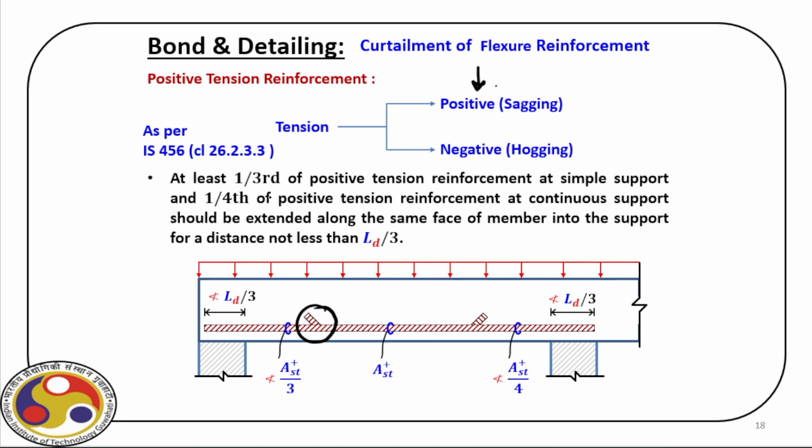Here we have the continuous support and here we have the simple support. In that case, the length of the bars embedded over this support should not be less than LD/3. And then accordingly, we have to provide the curtailment scheme for the simple support as well as the continuous support.